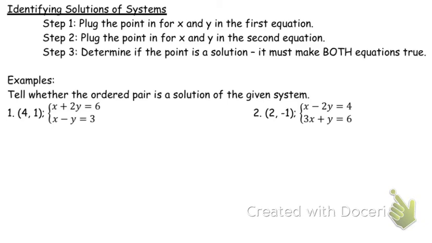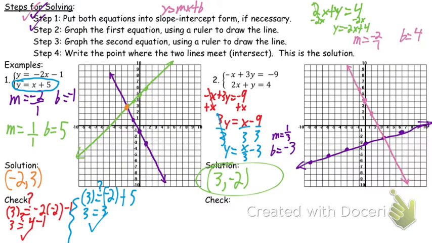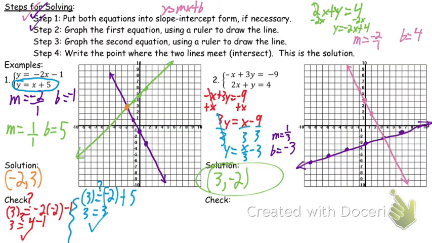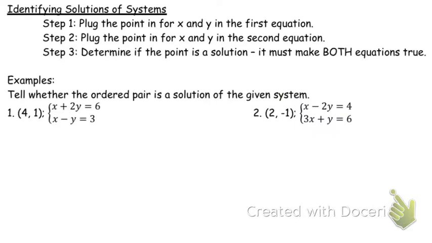Before, we found the ordered pair from the system and then checked it. Now you plug in the 4 and the 1, basically doing the check part from the end. Plug it into the first equation, then the second. If it works in both, it's a solution. If it doesn't, then it doesn't.